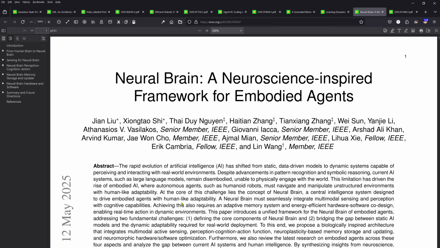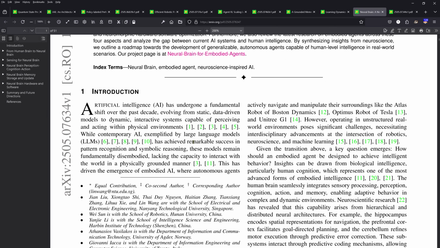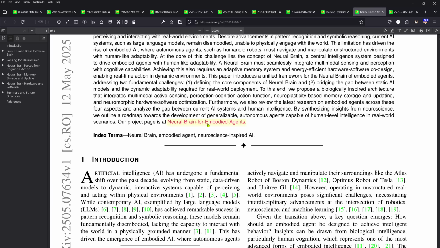Beautiful international consortium: Neural Brain, a neuroscience-inspired framework for embodied agents, for our robotic agents, for vision language action models. May 12th, here you have the archive link. Beautiful project page you have available for you. Embodied agent, neuroscience-inspired AI.